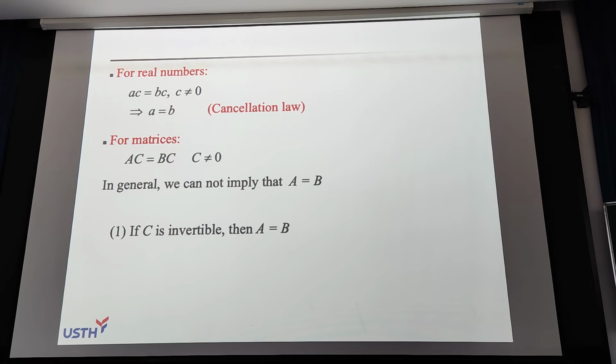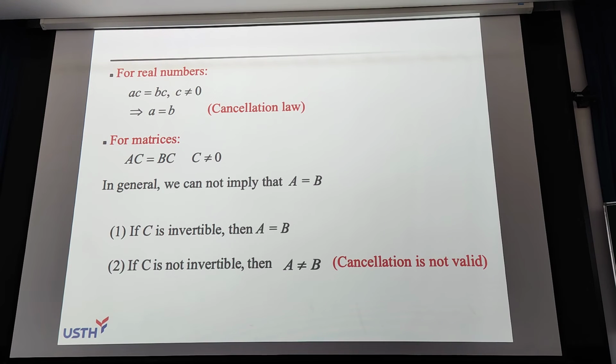And only in the case C is invertible, then we can have A equal B. And if C is not invertible, then we cannot imply that A equals B. In that case, we say cancellation is not valid.